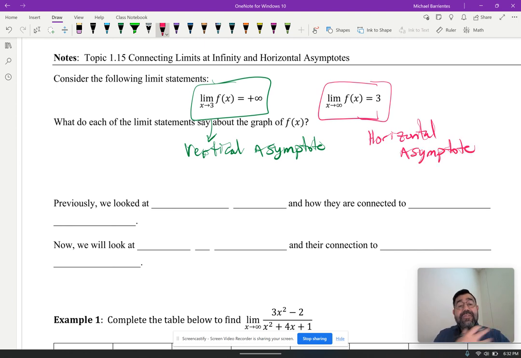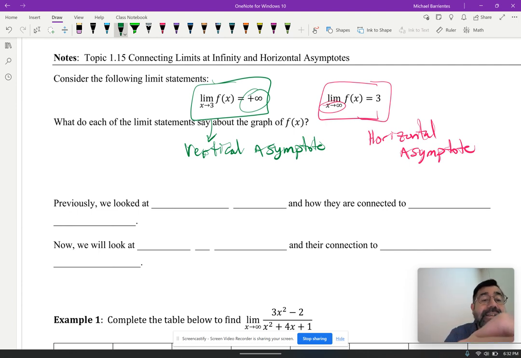Is it in the output, what the limit is doing, or is it where I'm looking? I'm looking at the end behavior, which is as x approaches positive infinity or negative infinity. This part right here is what gives it away that we're looking at a horizontal asymptote, just like this part over here gives away a vertical asymptote.